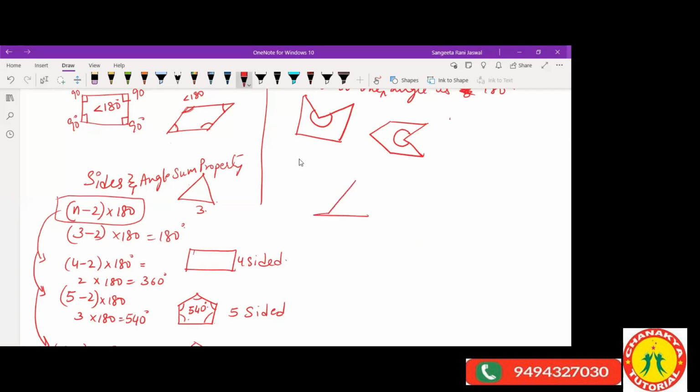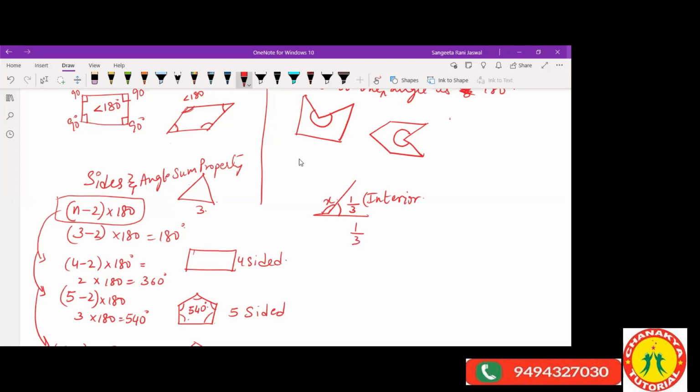Okay, suppose this is the interior angle. The exterior angle is 1/3 of the interior angle. Now suppose I take the interior angle as x.